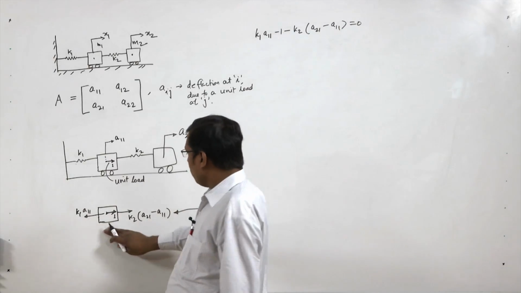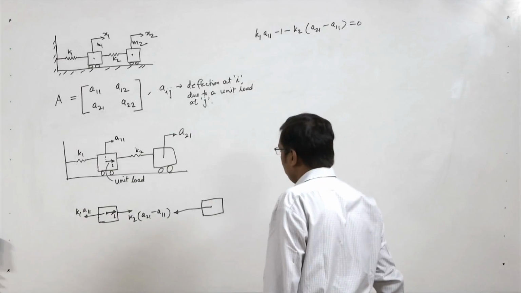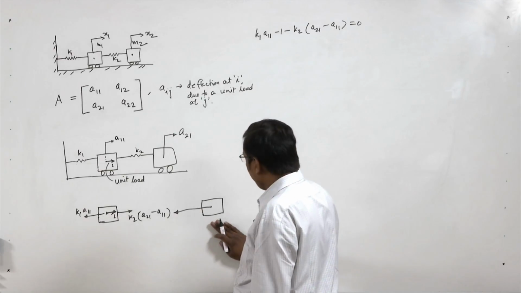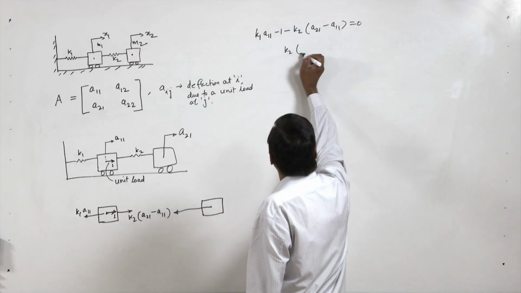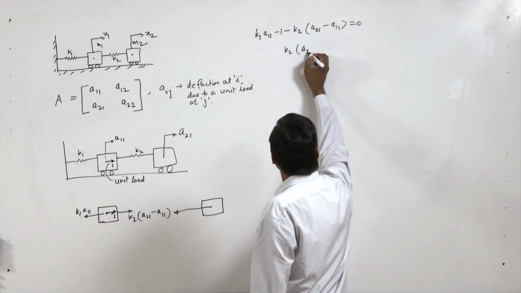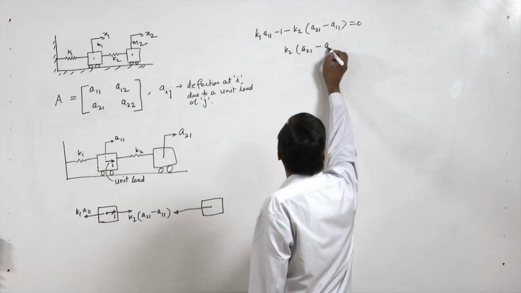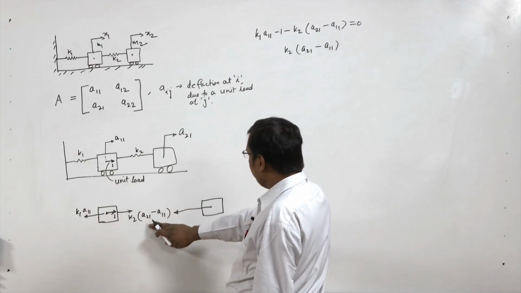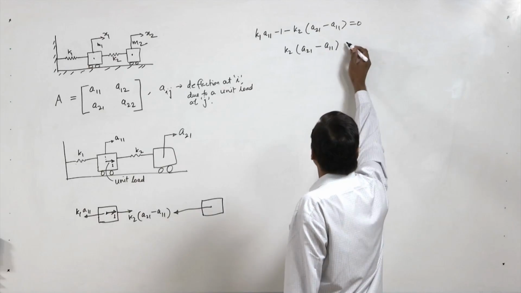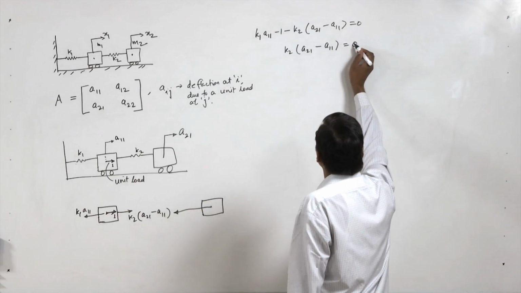So the net total sum of the forces is 0. Similarly for the second mass we will have K2 into A21 minus A11, only this force, and that is equal to 0.